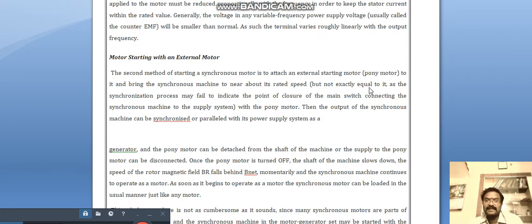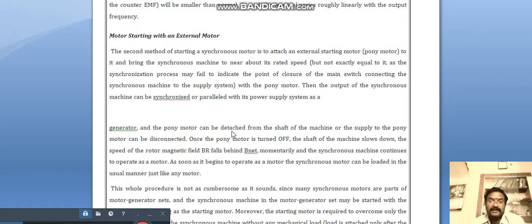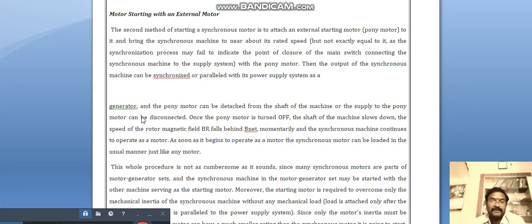But not exactly equal to it, as the synchronizing process may fail to indicate the point closest to closing the main switch connecting the synchronous machine to the supply. With the pony motor running, the output of the synchronous machine can be synchronized or paralleled with the power system as a generator. The pony motor can then be detached from the shaft and its supply disconnected.